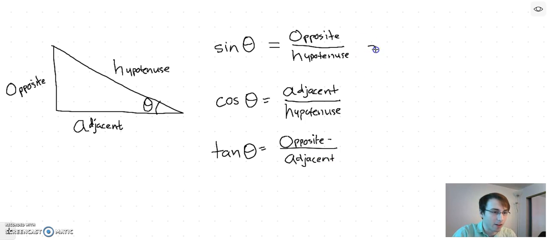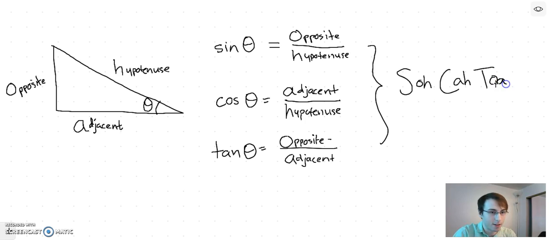And you can remember all that by SohCahToa. Sine is opposite divided by hypotenuse. Cos is adjacent divided by hypotenuse. Tangent is opposite divided by adjacent.